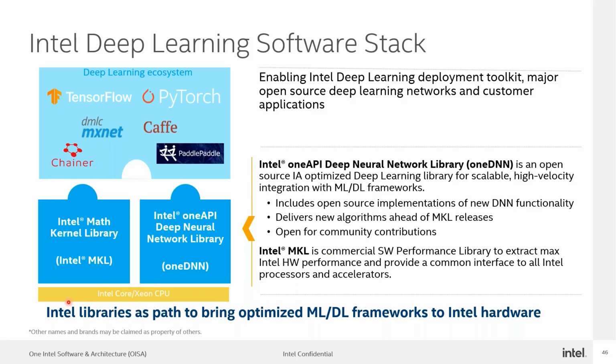Let's again start from the low-level end. At the bottom is the Intel hardware, CPU or GPU. We use Intel oneMKL and oneDNN to optimize for the deep learning frameworks.